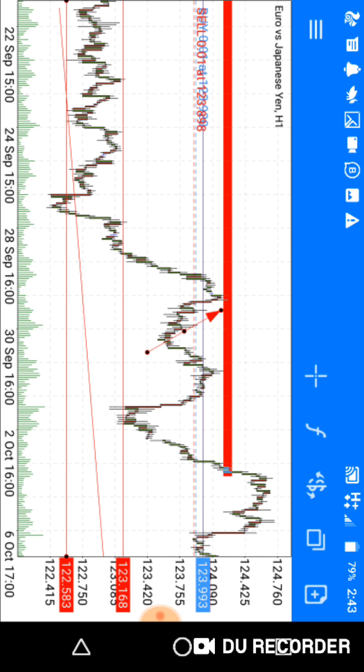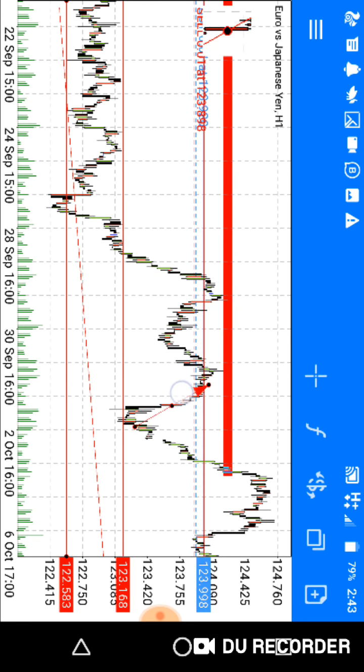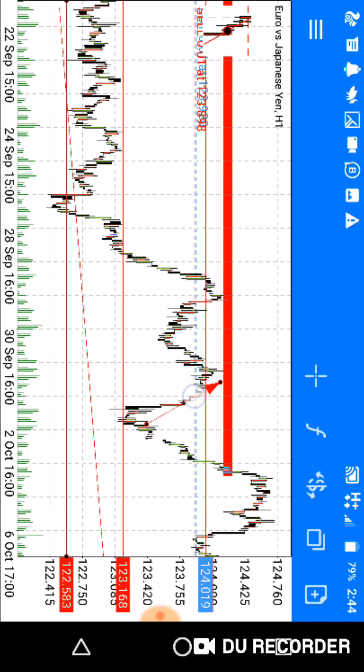Now let me talk about another pattern here. Like I said in the earliest stage of our class, I can call this elimination. I don't have time to discuss the candle here now, but I call it elimination because it fails. It's trying to break this region before it finds a resistance.